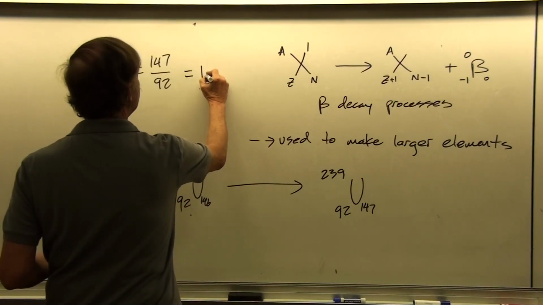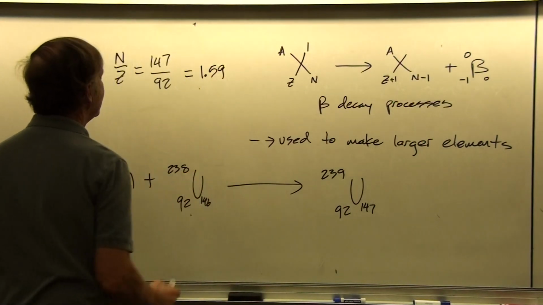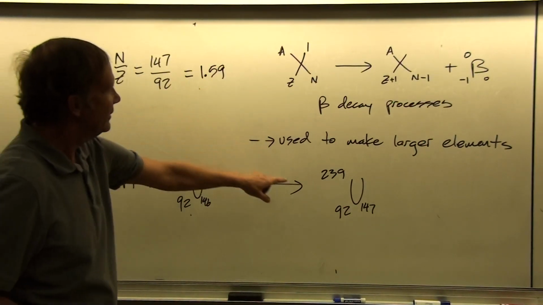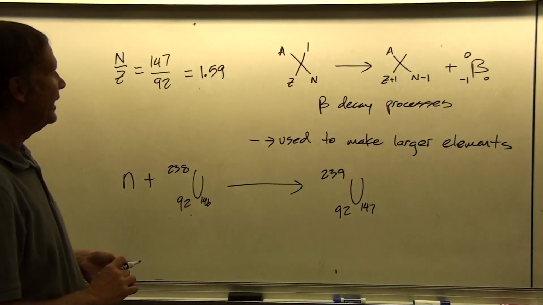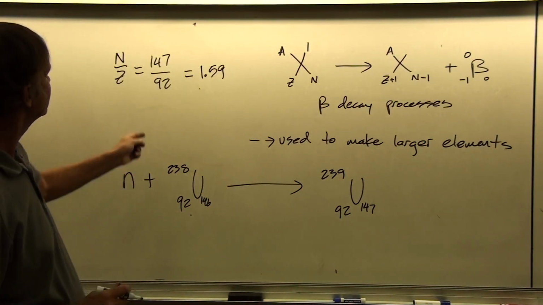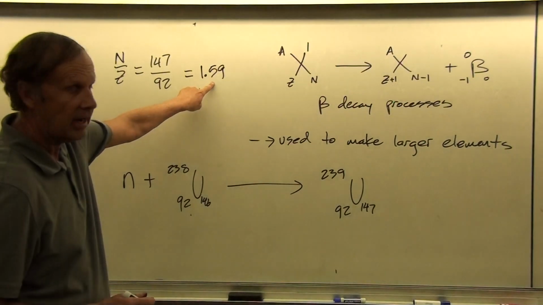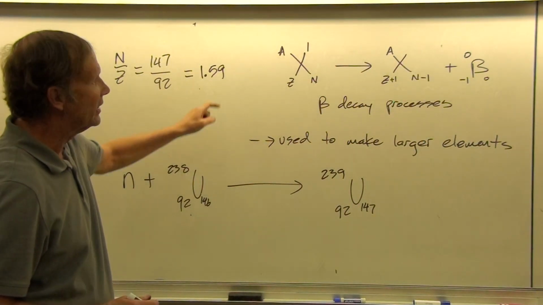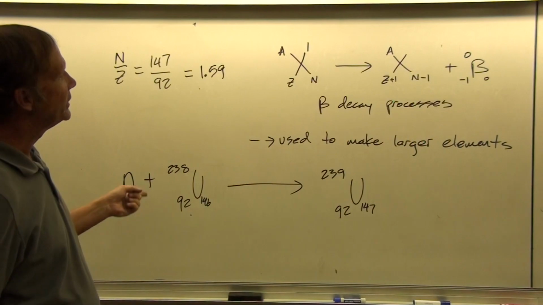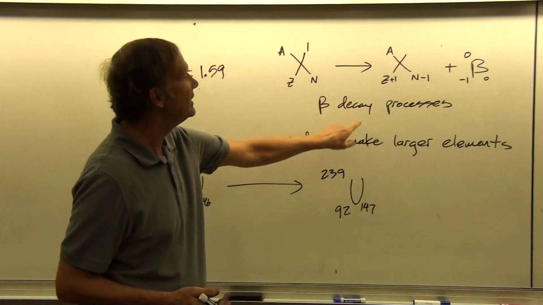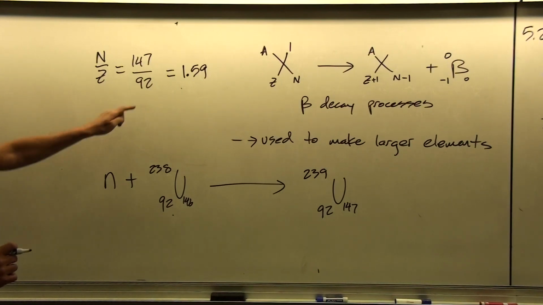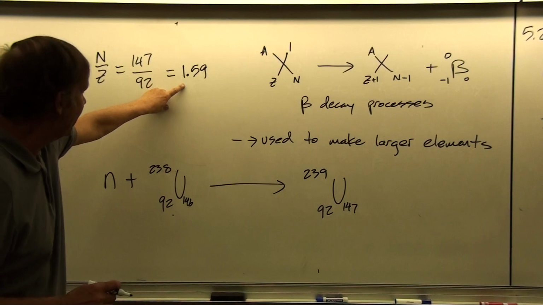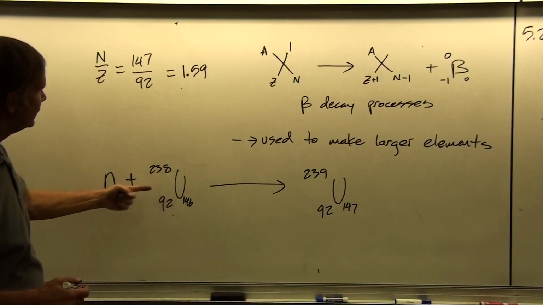That's getting way too big. Okay, and so although this nucleus can form, it tends to be unstable because its N to Z ratio is too high. Okay, and so, oh my gosh, we've got to hurry up and do something about this. Beta decay, remember, is the way to lower the N to Z ratio. We can see here that it's way too high. So this is often done in a nuclear reactor.